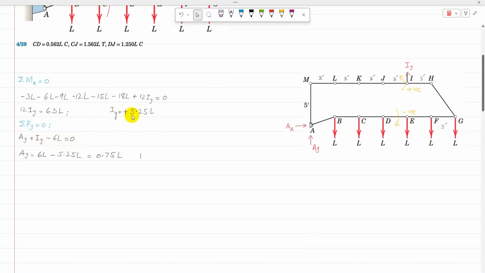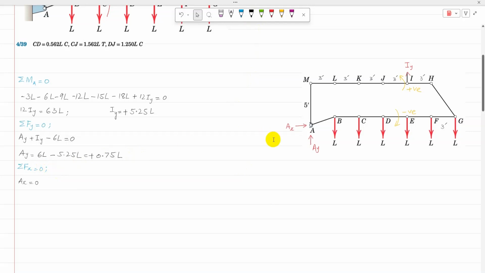Iy I have already calculated as 5.25 L. By substituting that Iy, Ay comes as 6L minus 5.25 L, so that is 0.75 L. Ay again comes out positive, so the assumed direction for Ay is also correct. Then I need to find Ax, and for that I'm going to use sigma Fx equal to 0.